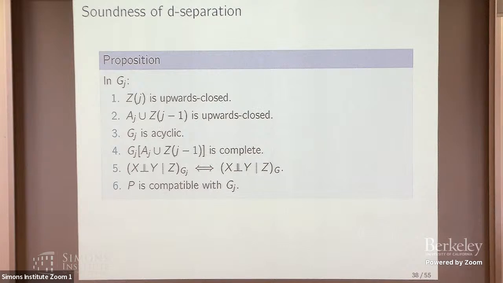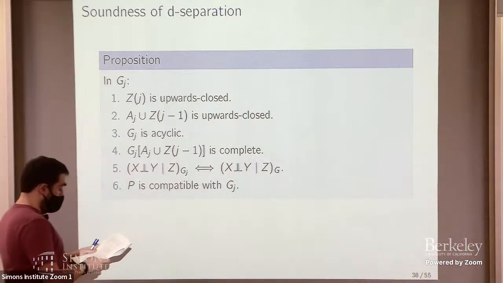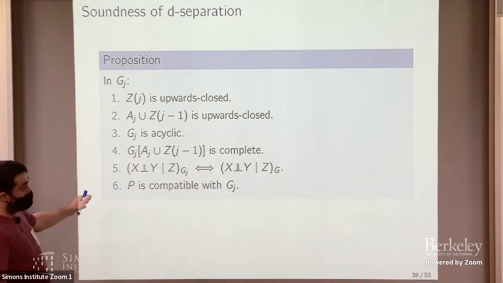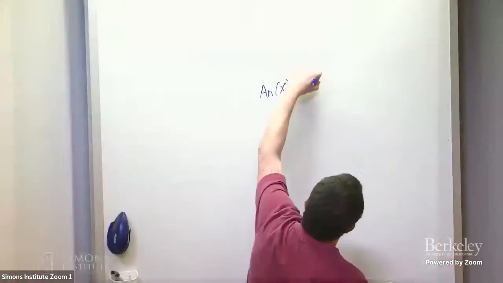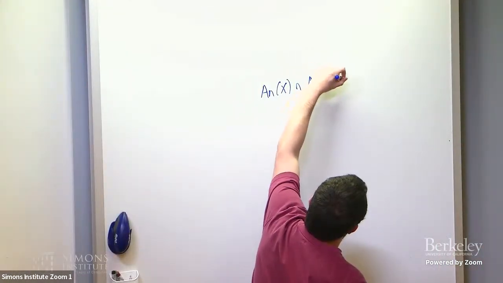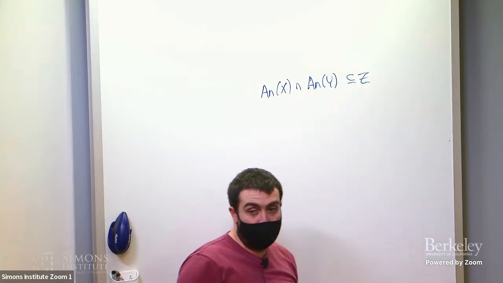So let's say, I want to show you that once we're done with this process and we look at GK, the final graph, the ancestors of X intersect the ancestors of Y are contained within Z in this final graph.